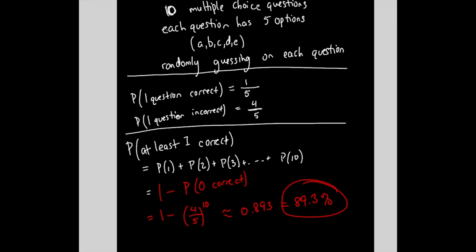I think that you would, right? You would expect to get at least 1 right. That doesn't mean you're going to pass it. You could get 1 right or 2 right or 3 right. But at least 1 correct, I would imagine that's so. That's a high percentage, right? 89.3% chance that you go to this test and you have 10 questions and you guess on every single one and you get at least 1 right. That makes sense to me.